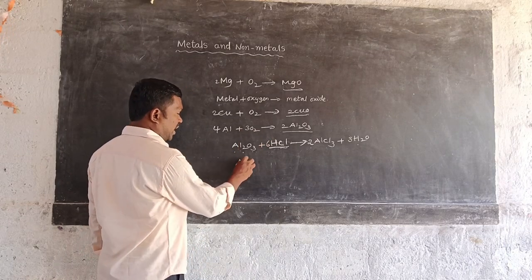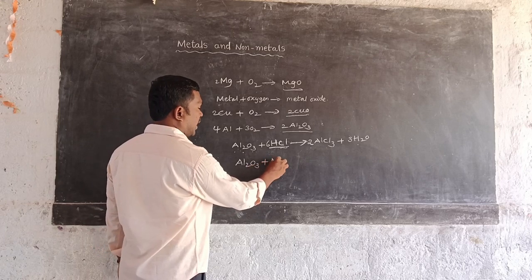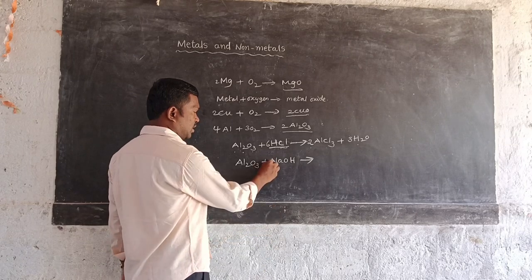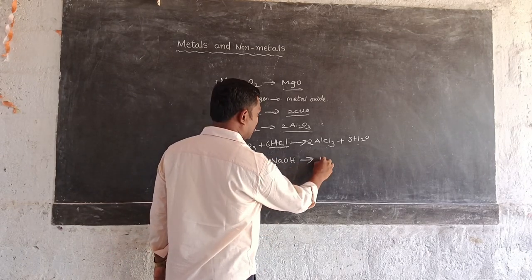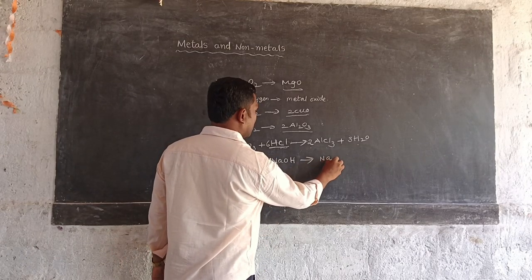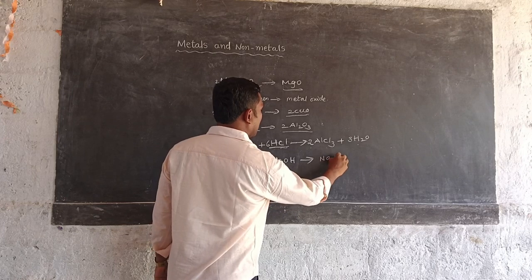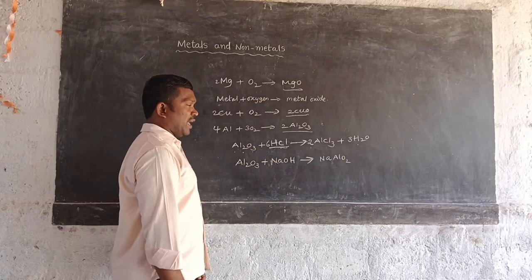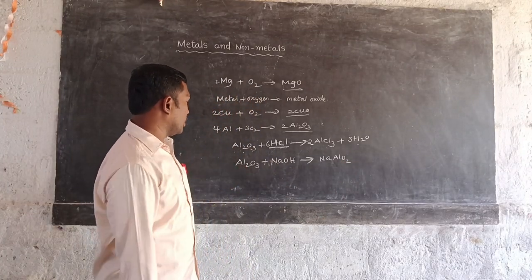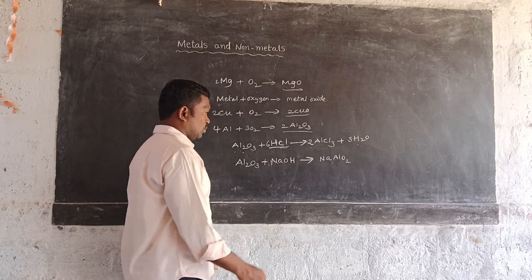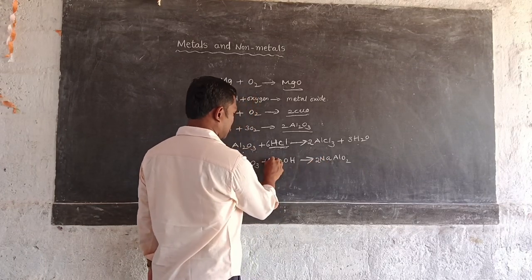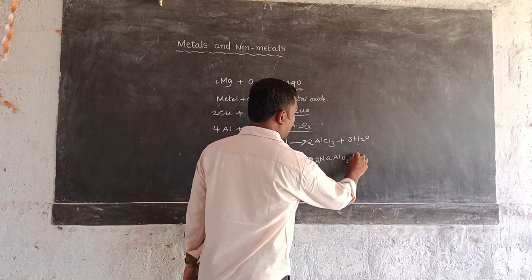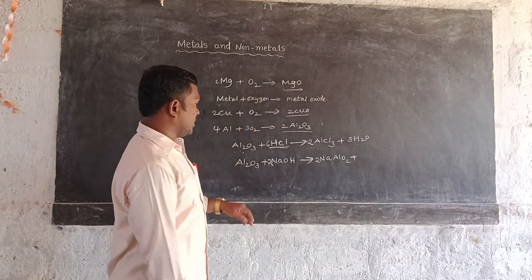Next, the same Al2O3 reacts with NaOH: Al2O3 plus 2NaOH gives sodium aluminate, NaAlO2, plus H2O remaining.